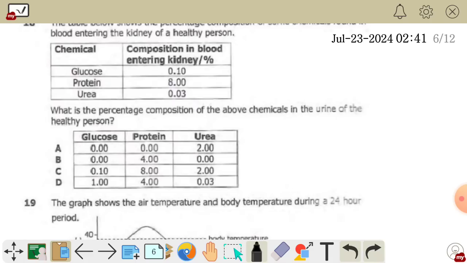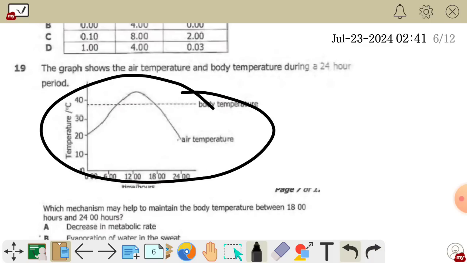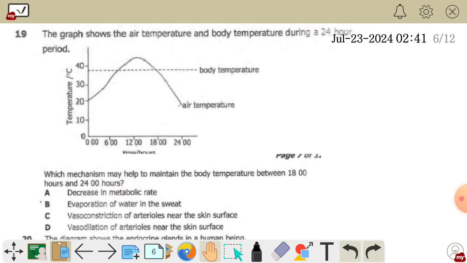Question 19. The graph shows the air temperature and body temperature during a 24-hour period. Which mechanism may help to maintain the body temperature between 18 hours and 24 hours?